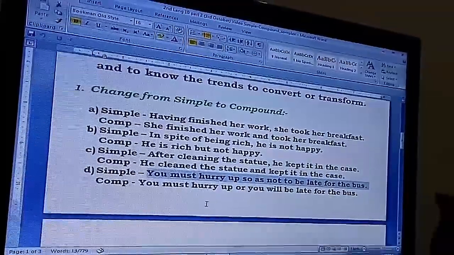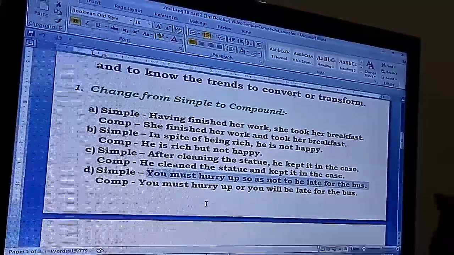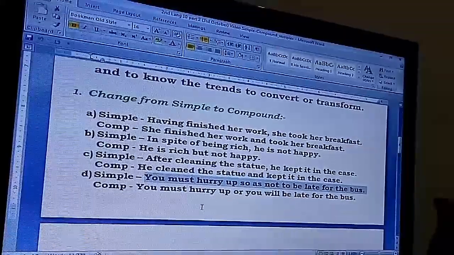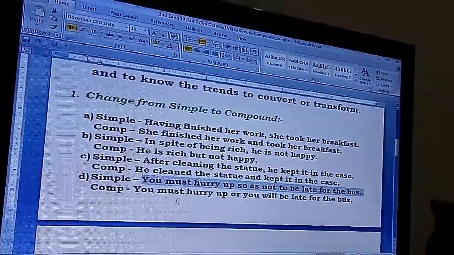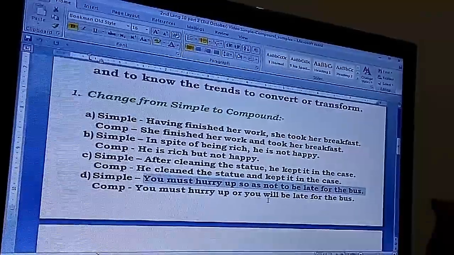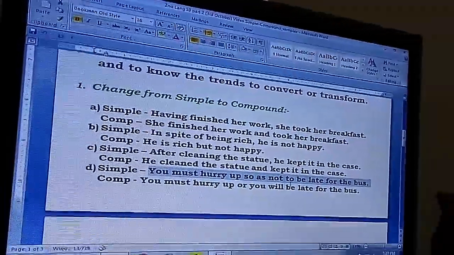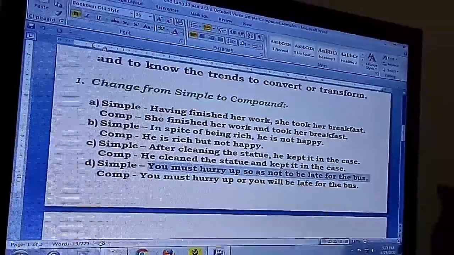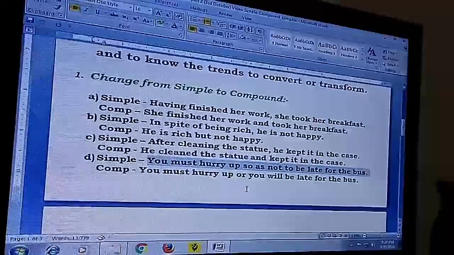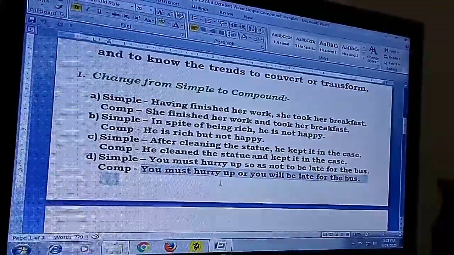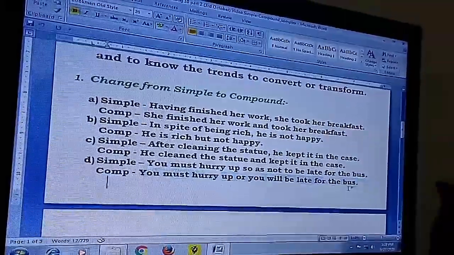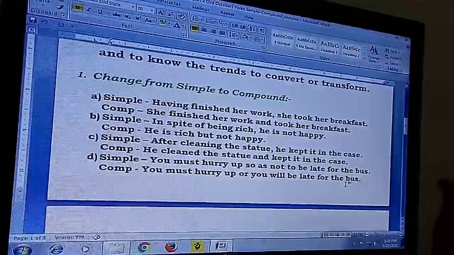To strengthen our English, dear children, we are expected to know these types of uses in sentences. Compound is easy: you must hurry or you will be late for the bus.